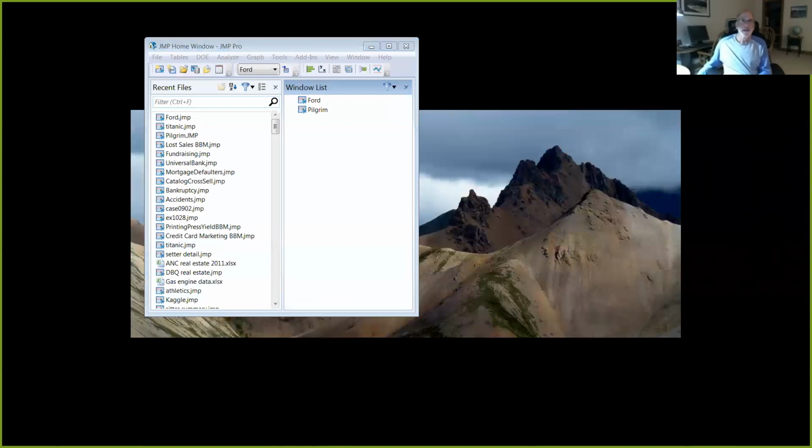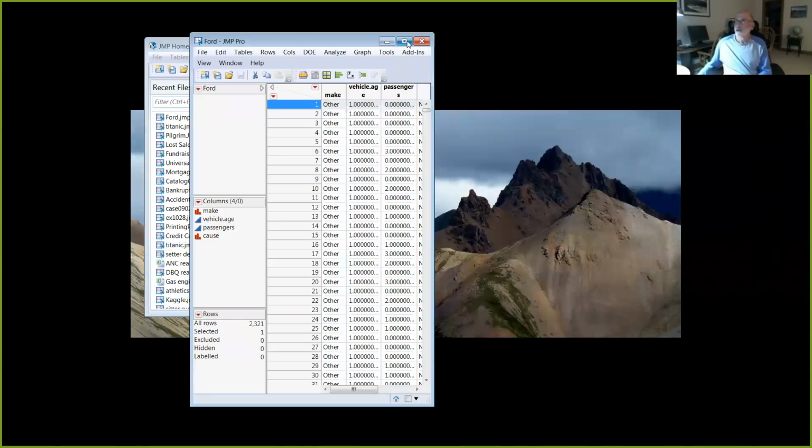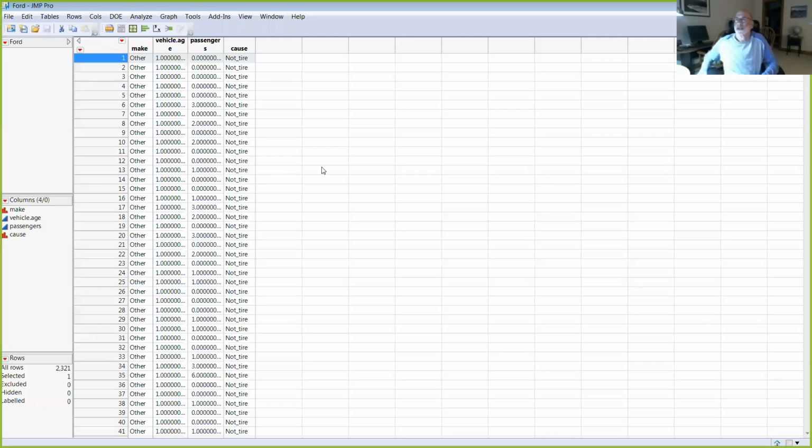You may remember a number of years ago that a bunch of Ford Explorers were involved in fatal crashes. And so this is the data for 2,321 fatal crashes in the state of California. And we have a cause. Was it a tire-related fatal crash or not?